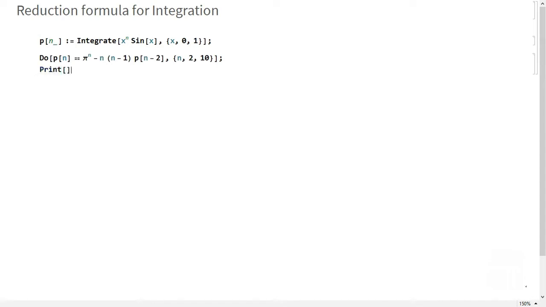If you just write Print, you put braces, and the first thing I want to print is n, that is for how many iterations, and on the right side I want to see the value of my integration, that is, p of n. You could also write it as I of n, but for the sake of consistency I write it as p of n.